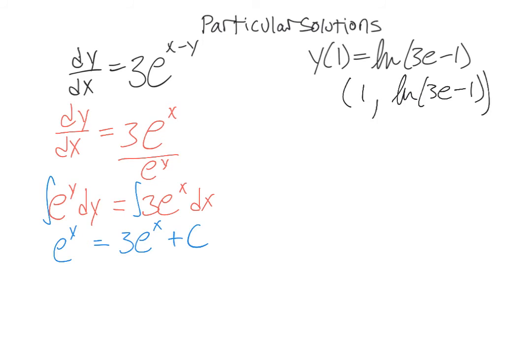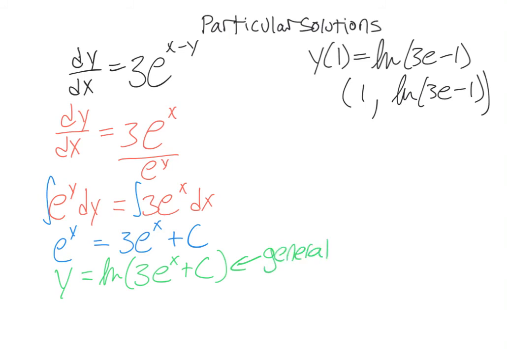And I'm going to get y by itself here. I could either plug this in now to figure out what c is, or I could get y by itself, so we can just jump to the end of this. And I think that's the way I'm going to go here. And to go from e to the y, I'm going to convert this to ln. So we've got y is equal to ln of 3e to the x plus c. Here's my general solution.